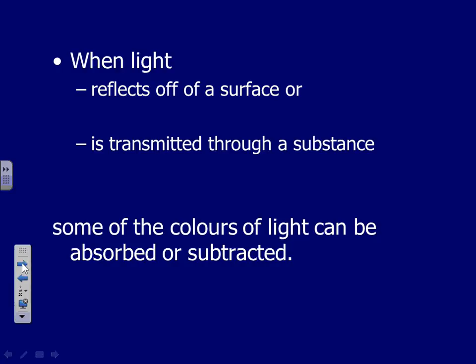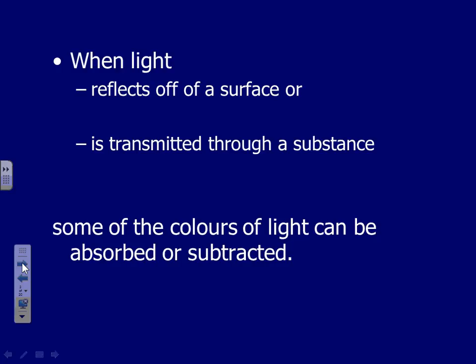It says there, when light reflects off of a surface, so this is caused by reflecting, you'll notice my lab coat, the light comes in, hits my lab coat, goes into your eyes. So when light is reflected off of a surface, like my coat, or transmitted through a substance, like this filter, as it goes through, some of that light can be absorbed, all right?